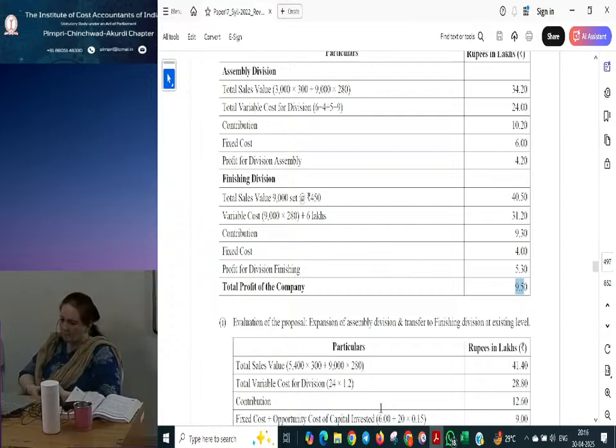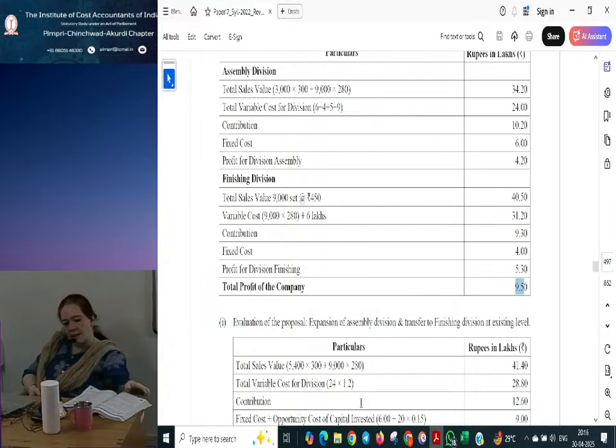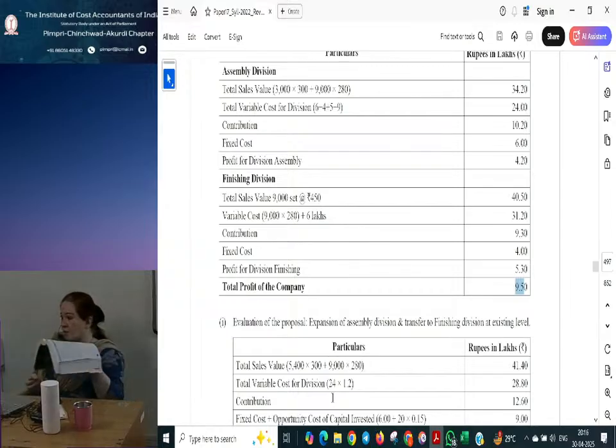Then what was our first proposal? The assembly division is telling that they are going to go up 20% of capacity, but the transfer to the finishing division will remain the same, 9,000 only. Currently, what is the total assembly sets? 12,000.